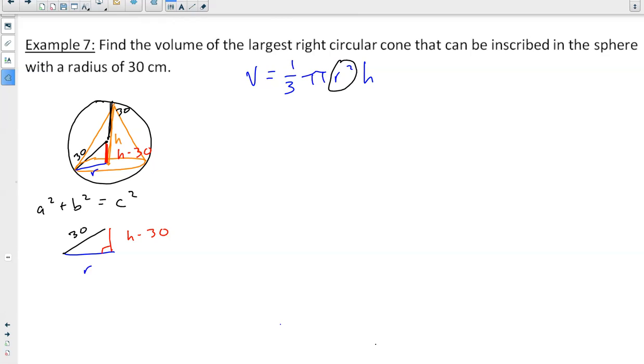Okay, so I'll show you what I mean. Okay, so my hypotenuse is 30. So 30 squared is equal to r squared plus h minus 30 squared. Okay, note that we have r squared here and we have r squared up there. So let's write this formula in terms of r squared.